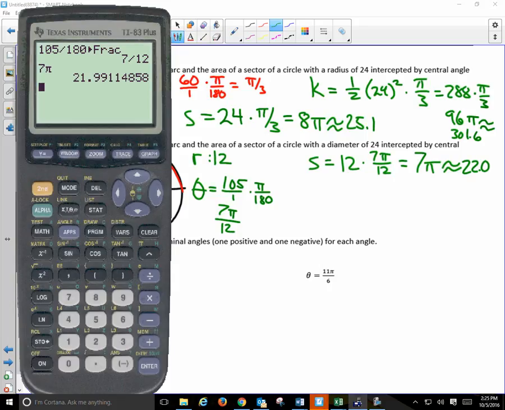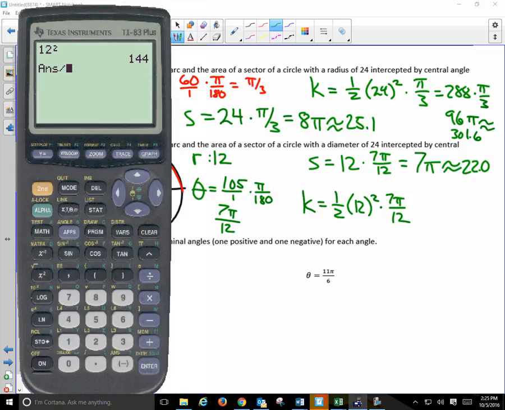If you want to find the area, 1/2 times 12 squared times 7 pi over 12. 12 squared is 144, divided by 2, 72, times 7, divided by 12. Oh, try again. 72 times 7, divided by 12.